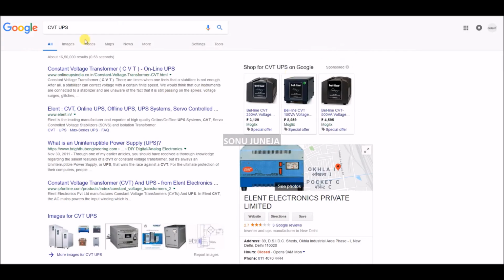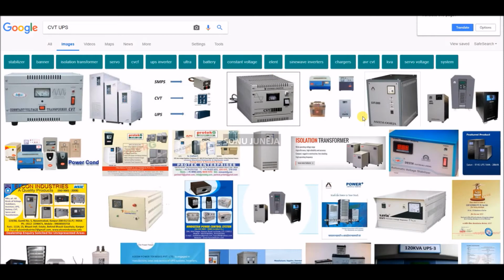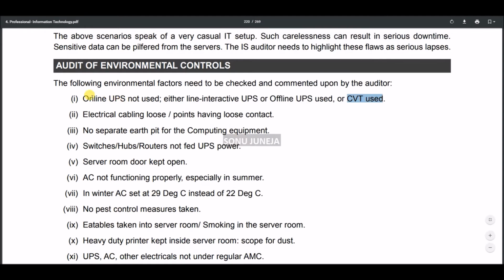This is a CVT. Yeah, I believe these are the stabilizer transformers. These are being used. So ये सारी चीज़ों की जगह आप online UPS use करके more preferred होगा, you should not use these UPS.